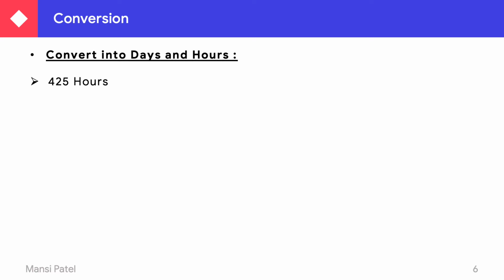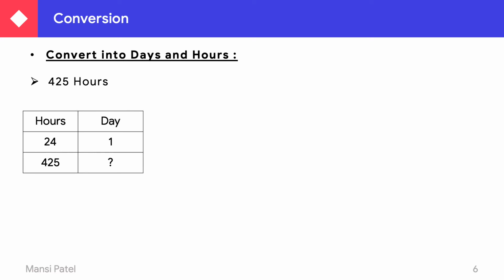Here the given thing is hours, so we write hours first and then we write days. So 24 hours is equal to one day. So 425 hours is equal to question mark. So do the multiplication of 425 multiplied by 1 divided by 24.